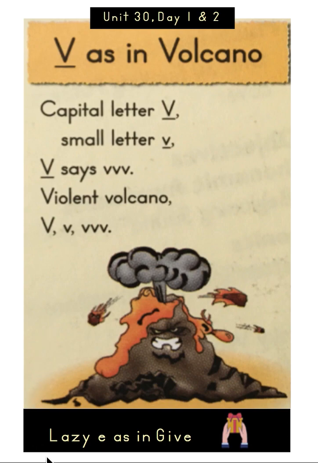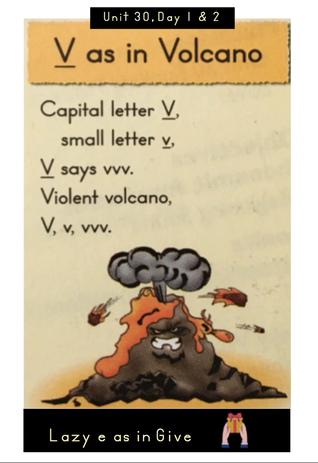We are also going to introduce another sound this week. It doesn't have a sound poem, but it's a very important sound when spelling words. It's really a tricky sound. It's called the lazy E, as in give. Now, the lazy E is kind of like the bossy E, except it doesn't do anything. You know how bossy E tells the other vowel to say its own name?